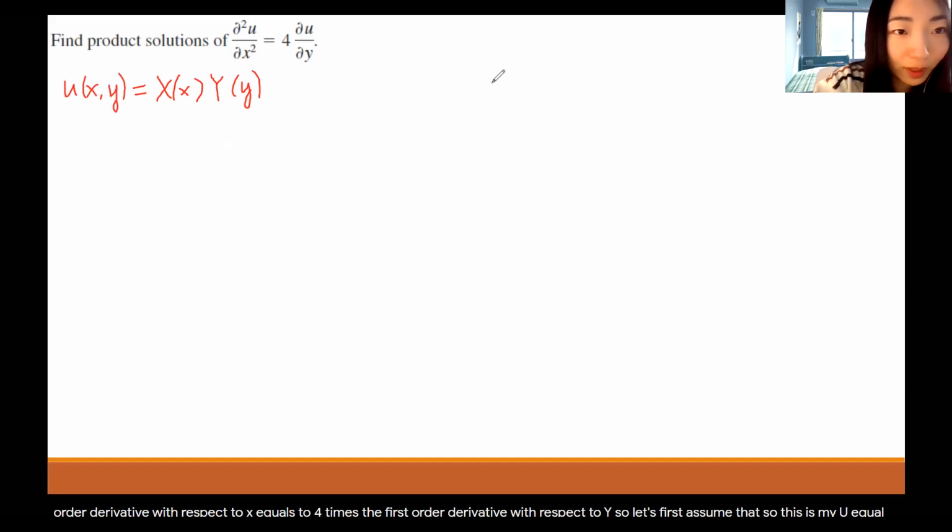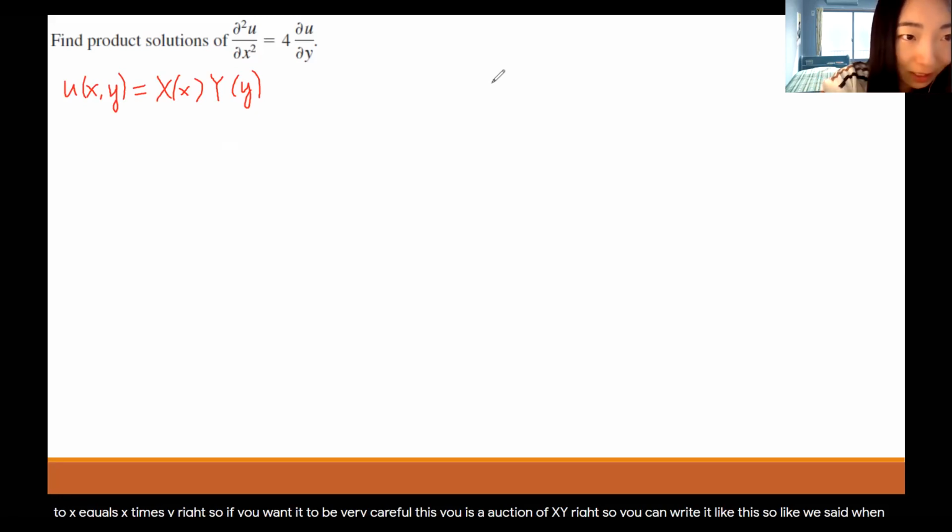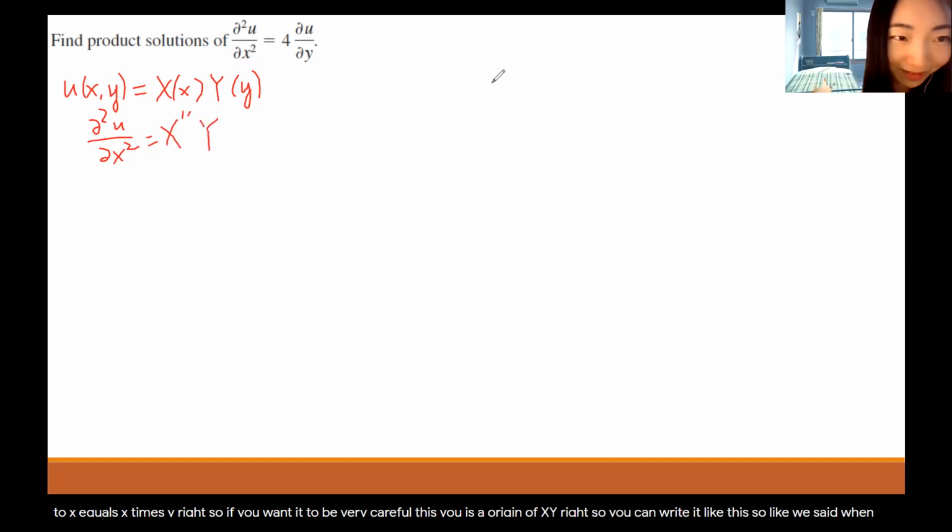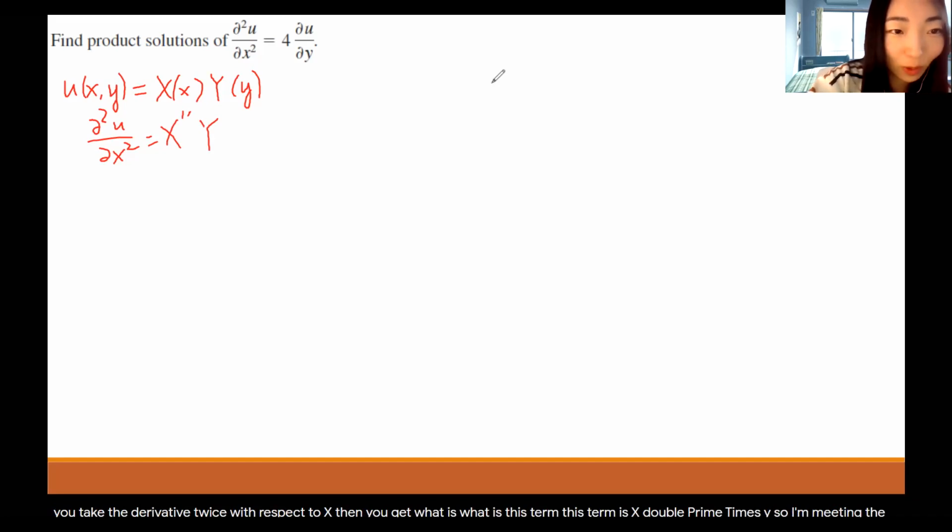Like we said, when you take the derivative twice with respect to x, what is this term? This term is X double prime times Y. I'm omitting the x and y's, just assuming that you know that the big X only consists of x, and big Y only has y.